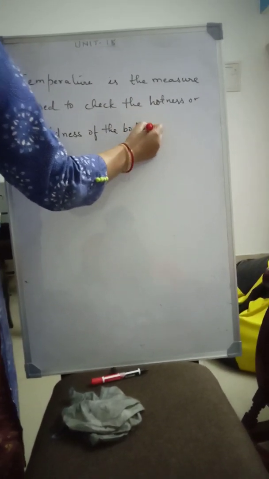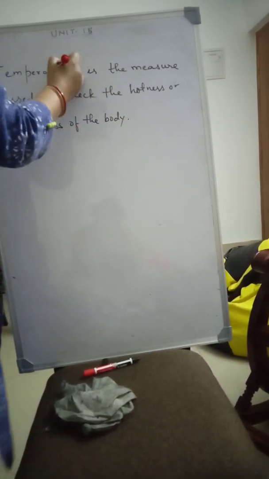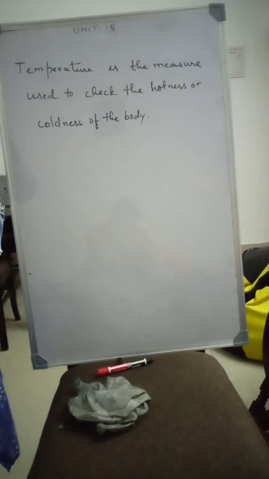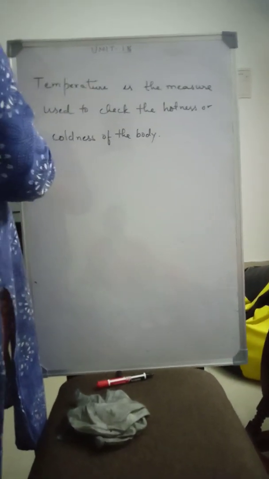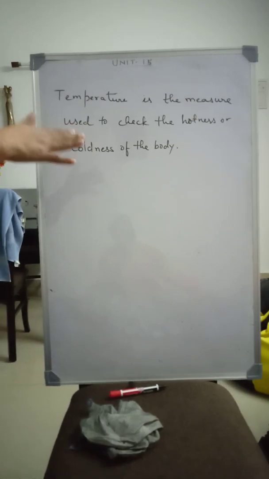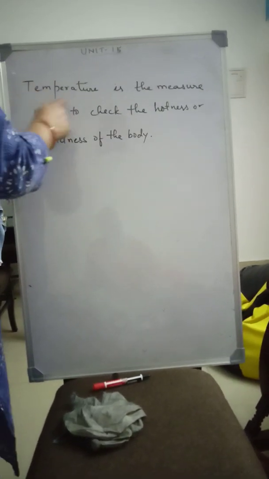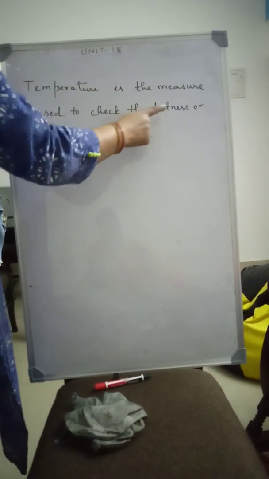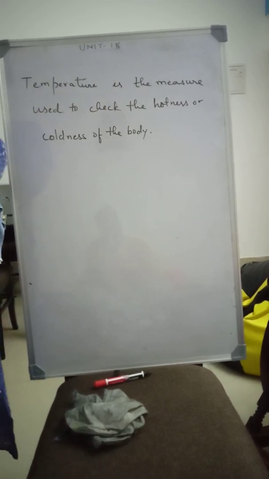For example, fire. Fire is hot because its temperature is high. For example, ice. Ice is cold because its temperature is very low. So the temperature is the measure used to check the hotness or coldness of the body.